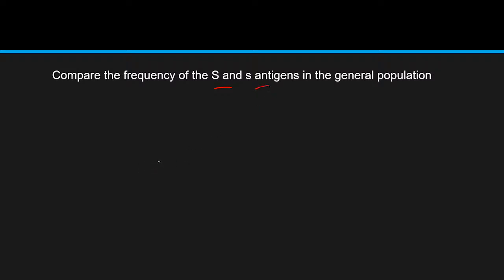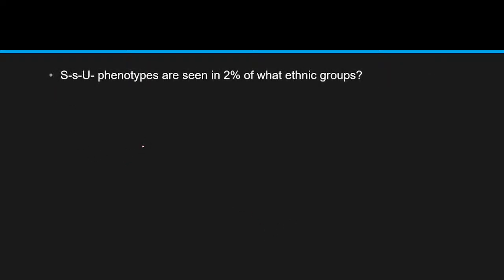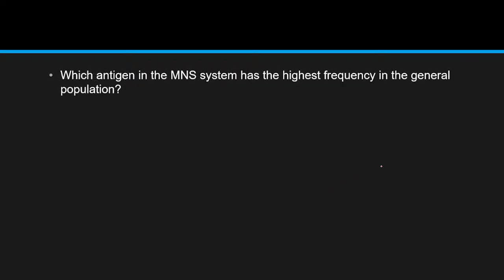The small s is seen in much greater frequency than the big S antigen, so s is greater than S. Now, the S negative, s negative, and U negative phenotype is seen in what ethnic group? The answer is African Americans.